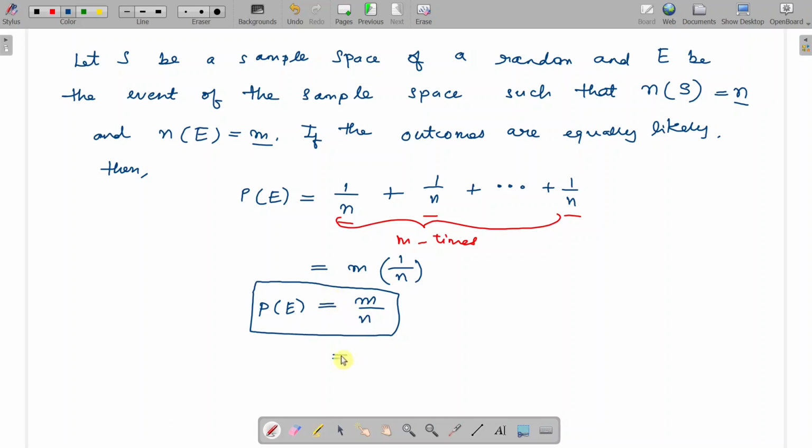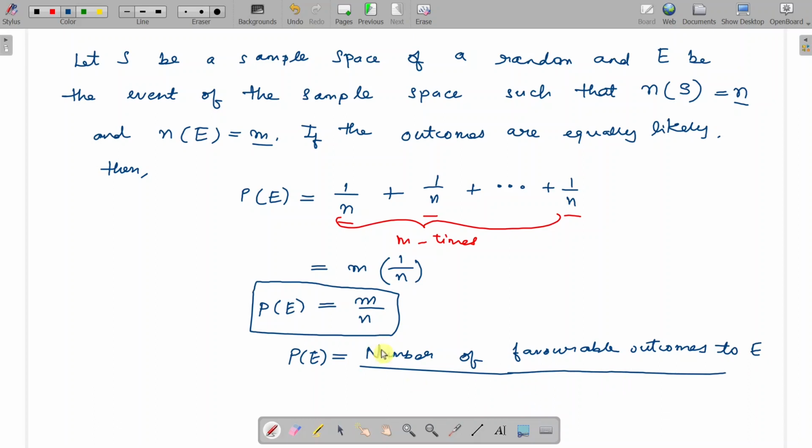Now let us see. From this formula, the probability of E is the number of favorable outcomes to E divided by n, which is nothing but the total possible outcomes.